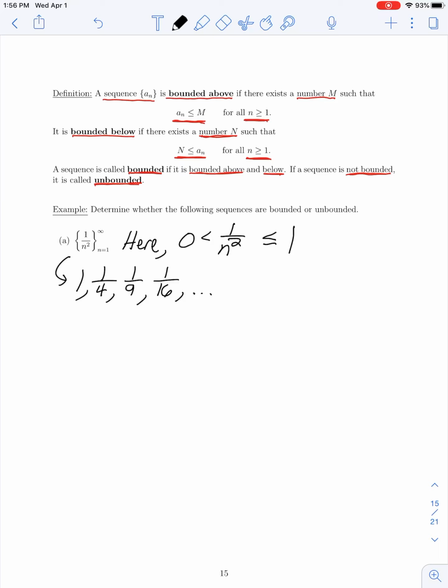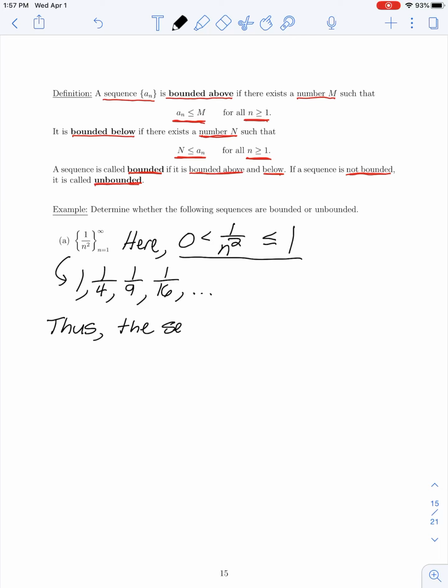Then our second term would be 1 over 2 squared, or 1/4. Then 1 over 3 squared, 1/9. 1 over 4 squared, 1/16, and so on. So we see that the terms of our sequence are getting smaller and smaller as we list them. So the largest value that our sequence could take would be its first value of 1.